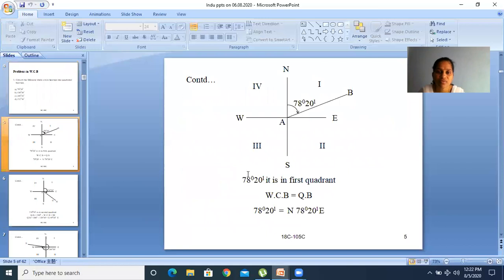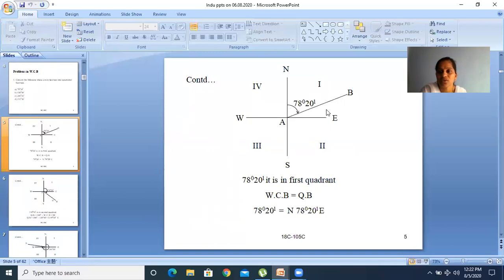The first one is 78 degrees 20 minutes. In which quadrant does the line lie? The value is between 0 and 90, so that is the first quadrant. You can draw it like this: this is the survey line AB, and from north the value is 78 degrees 20 minutes. What is the conversion rule if the line is in the first quadrant?